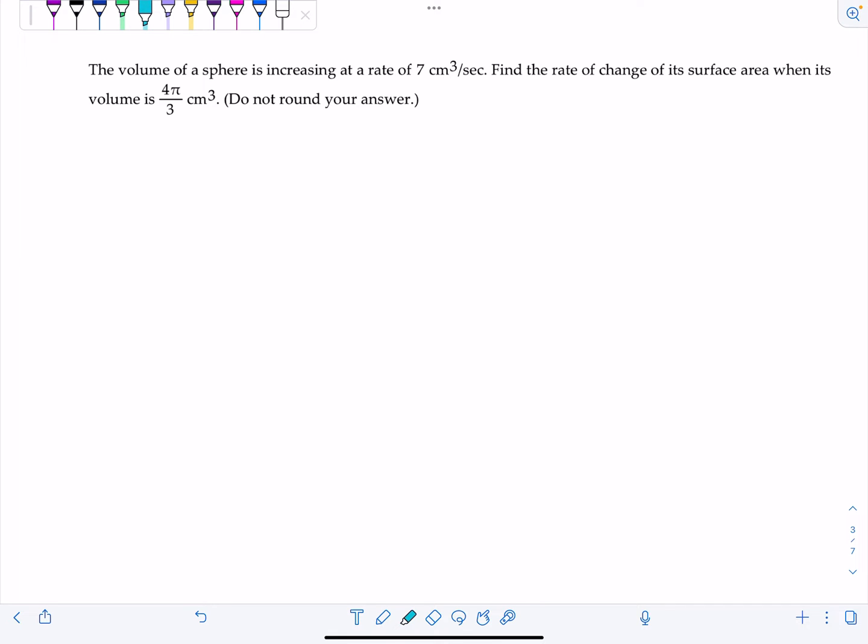They gave me the rate of change of the volume of a sphere. You can already tell that's a rate of change for volume because it's centimeters cubed. So that means dV/dt is equal to 7 centimeters cubed per second. They want the rate of change of its surface area when the volume is 4/3 pi centimeters cubed.